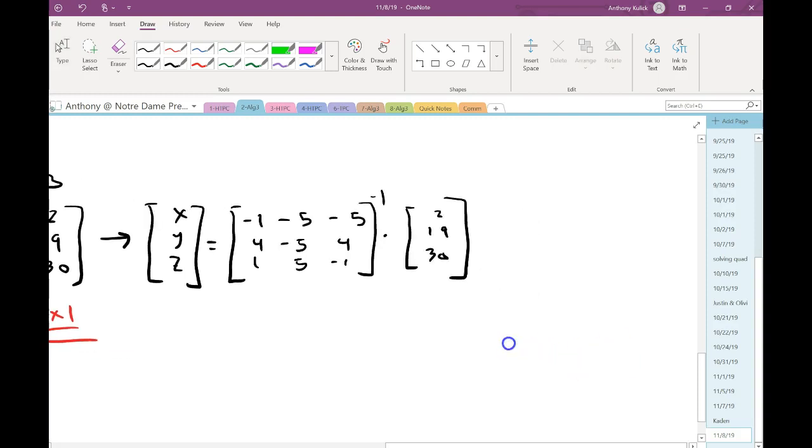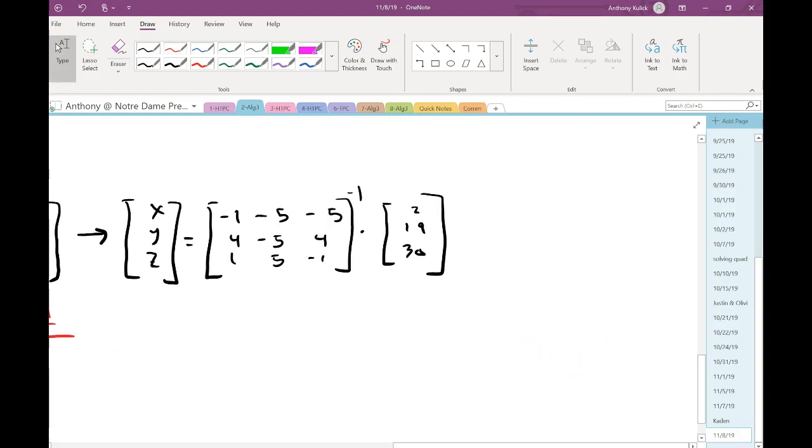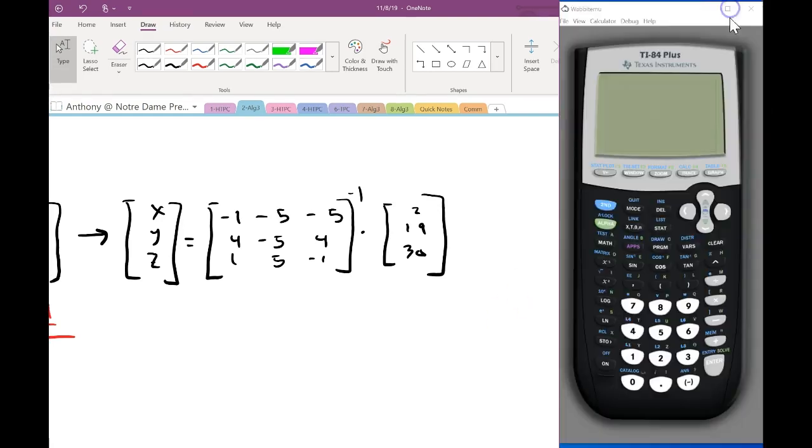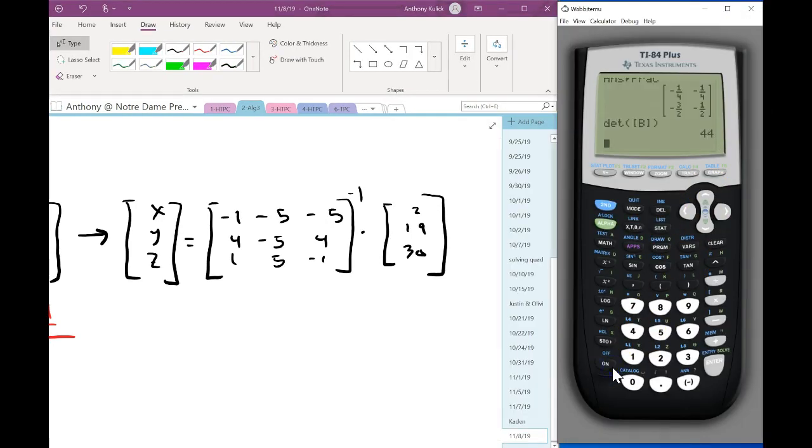And how can we calculate this? I'm just going to use my calculator.